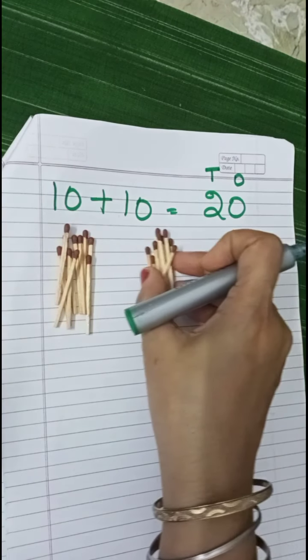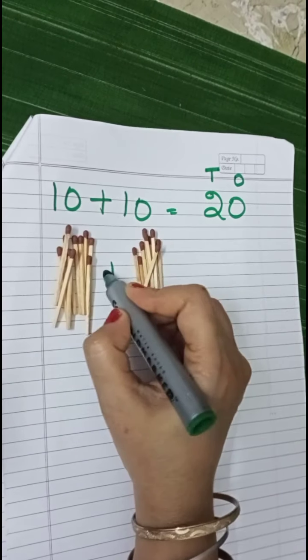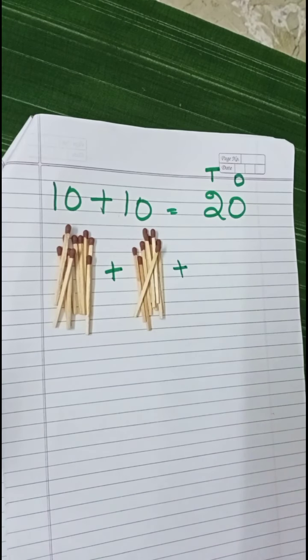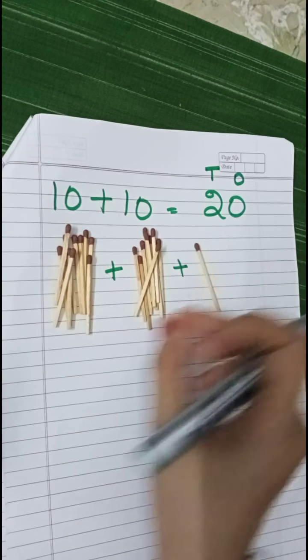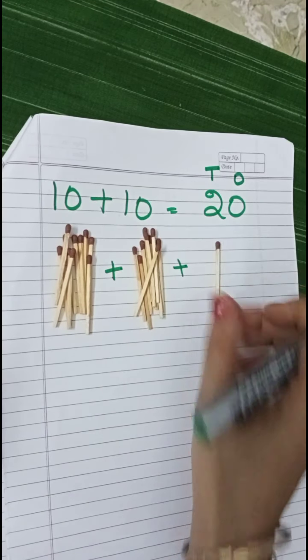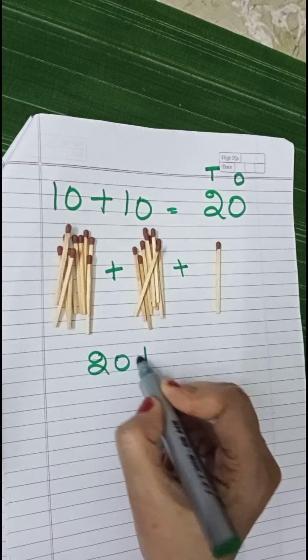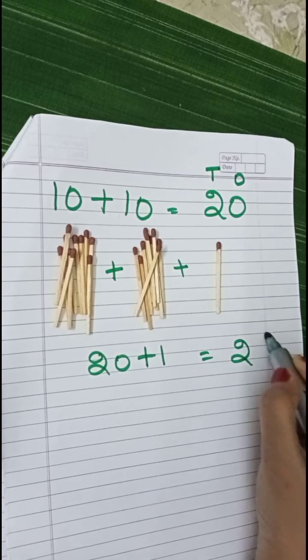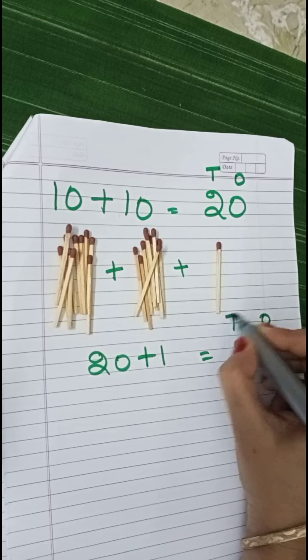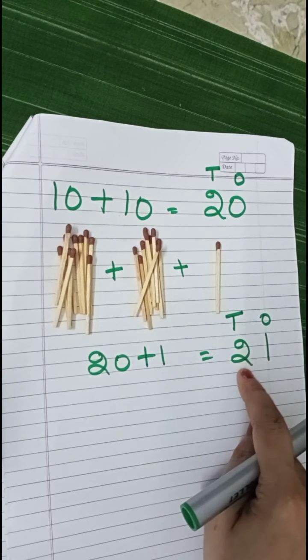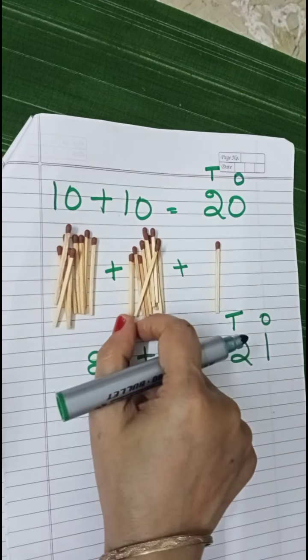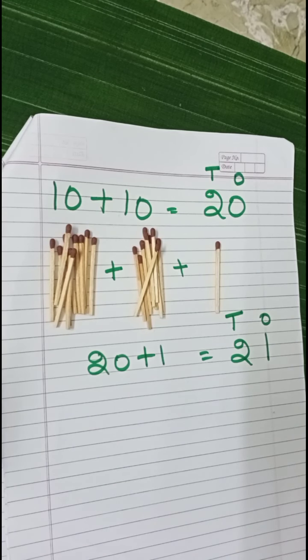With this, if I add one more stick, 20 plus 1 is 21. So ones and tens: 1 one and 2 tens. Is this clear to you?